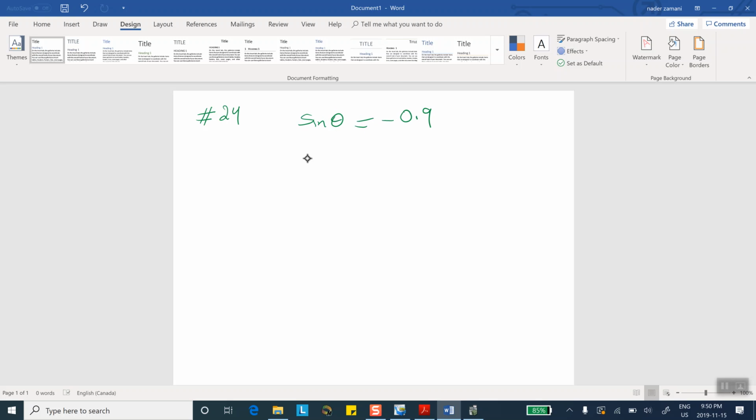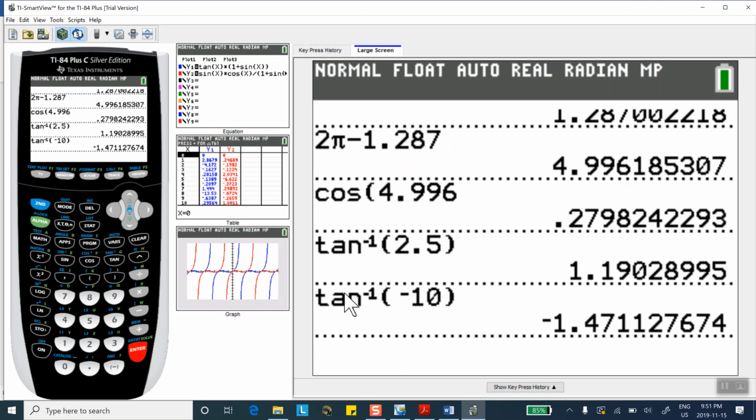Okay, so theta equal to sine inverse of minus 0.9, and the answer that the calculator will spit out is going to be between minus pi over 2 and pi over 2, guaranteed. That's correct. So let's go ahead and plug it in. So second function, sine inverse.